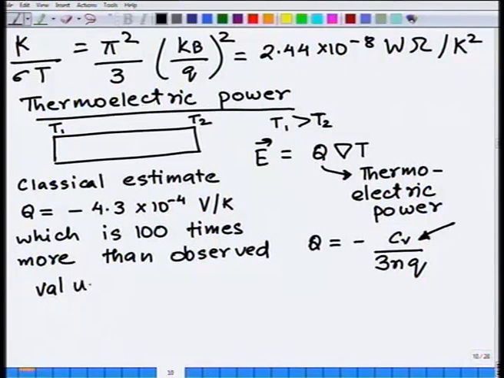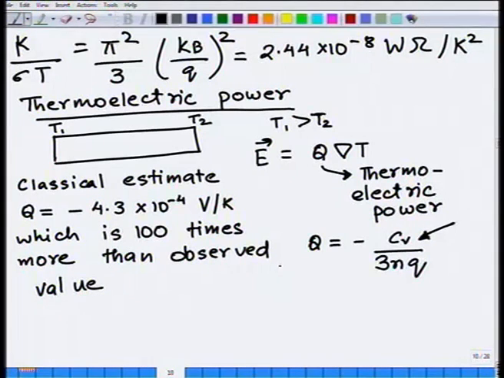Clearly then, since the estimate of Cv from free electron theory is 100 times less, we start getting the right numbers. So that's really the success of free electron theory. This is where there's an improvement from Drude's classical theory going to the quantum mechanical free electron theory.